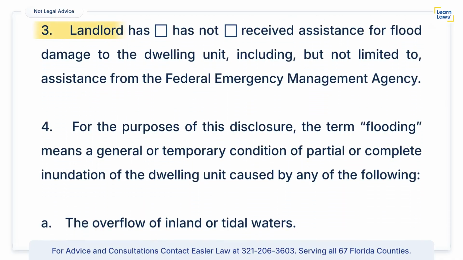3. Landlord has not received assistance for flood damage to the dwelling unit, including, but not limited to, assistance from the Federal Emergency Management Agency. 4. For the purposes of this disclosure, the term flooding means a general or temporary condition of partial or complete inundation of the dwelling unit caused by any of the following.